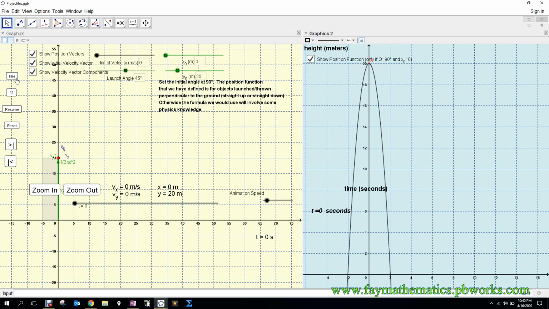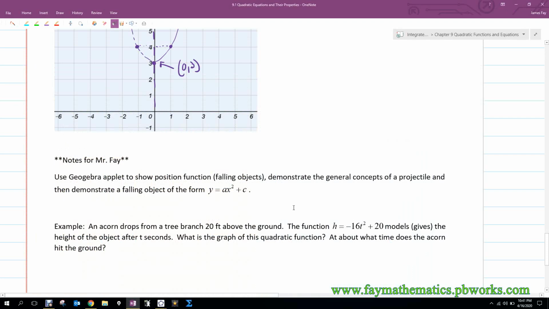Hopefully you can see that red dot is going to follow that parabola. So the parabola I typed in here was something of this form.